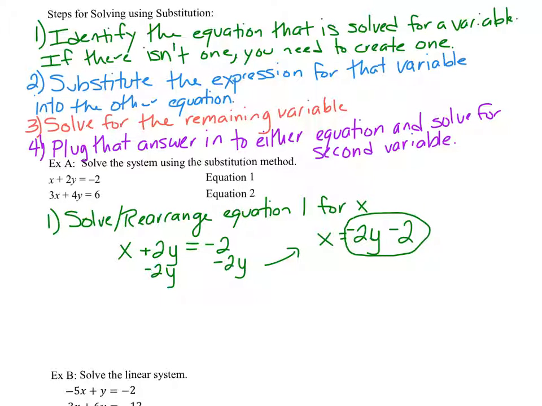So step 2 is we're going to have 3, and then instead of x, I replace that negative 2y minus 2. And then I've got the plus 4y equals 6.